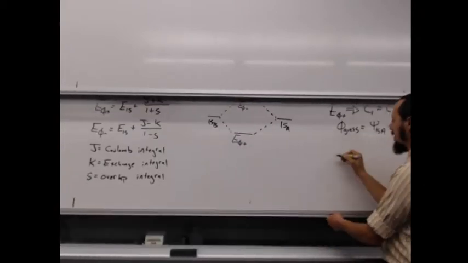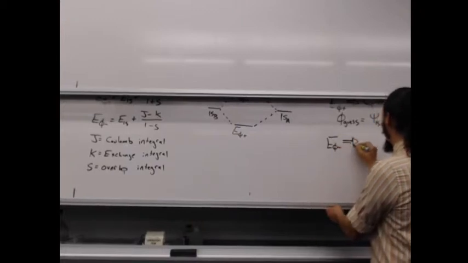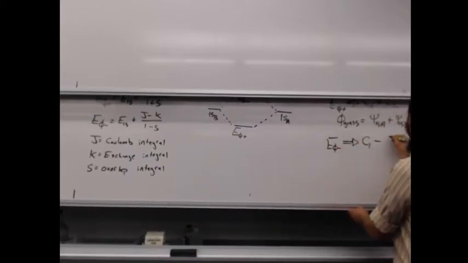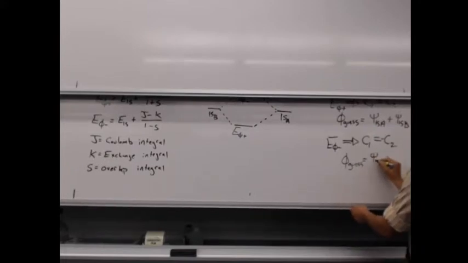For our other possibility, E minus, we get C1 equals negative C2. Or our phi guess equals psi 1sA minus psi 1sB.